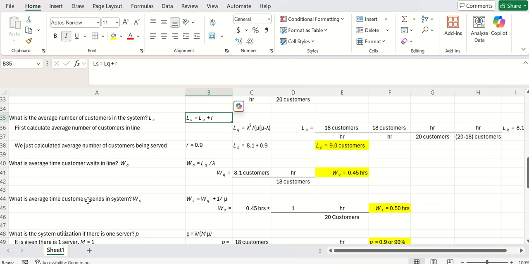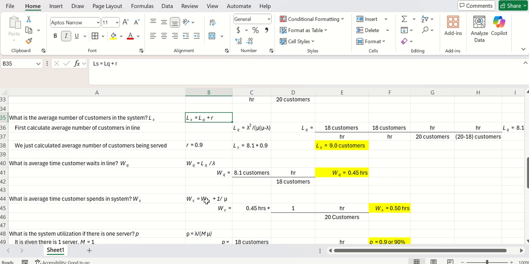Now, the WS, the amount of time that they spend in the system, is the amount of time that they spent in line plus the amount of time that it takes to be served. So we've calculated WQ. We know the amount of time that it takes to be served and the number of customers that can be served per hour.